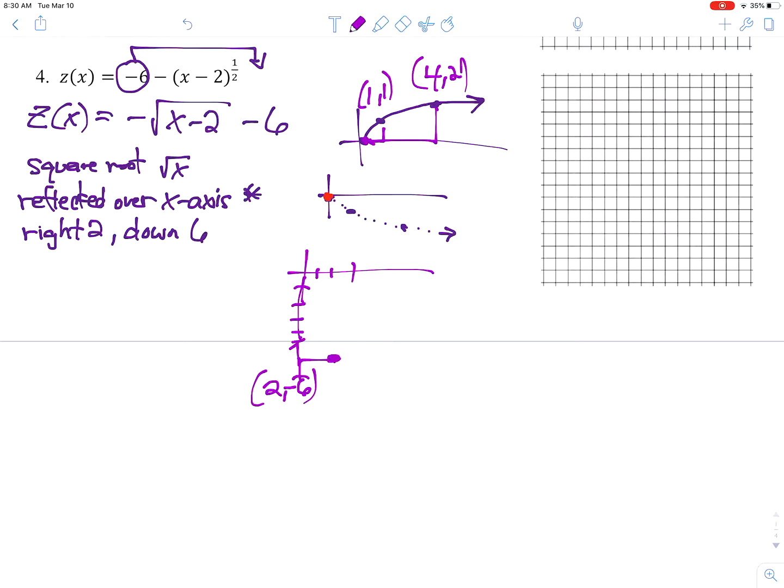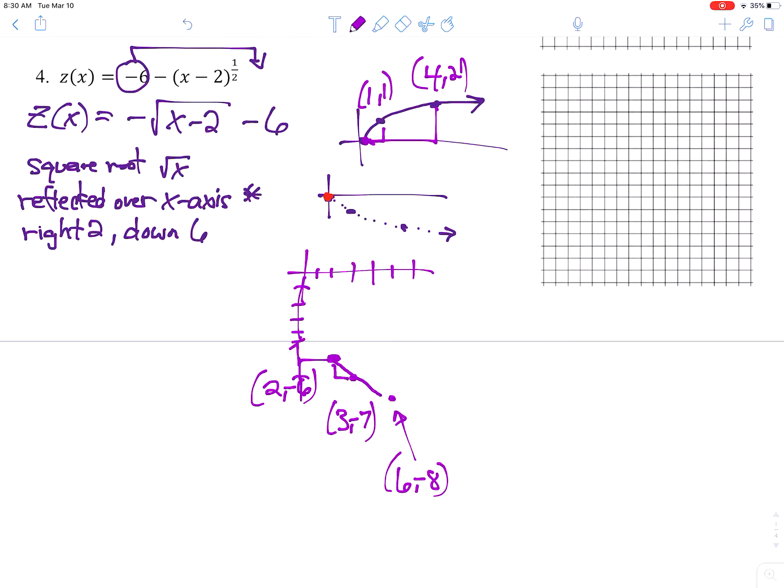So what used to be 2, negative 6 is now going to be 3, negative 7. And if I go 4 over and 2 down, that's going to be 6, negative 8.